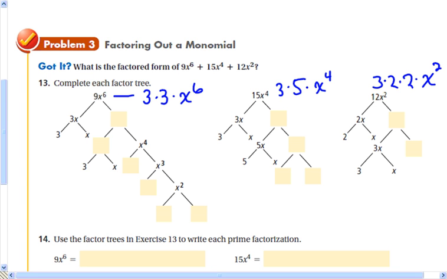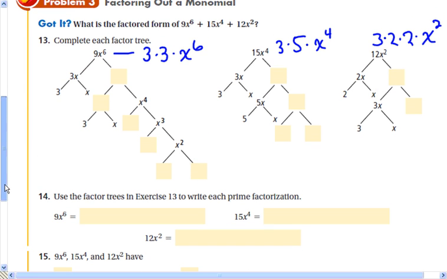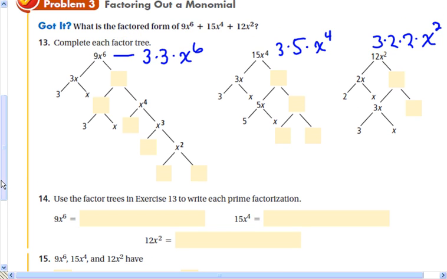So what are they all going to have in common? I wrote my prime factorizations up above, but we can see that they're going to all have a 3 in common. And they don't all have a 2 or a 5, but they all have x squared in common, and that's because both these powers are higher than that.